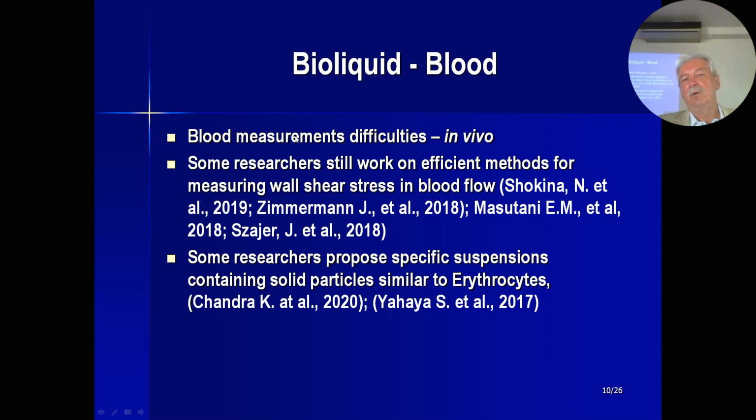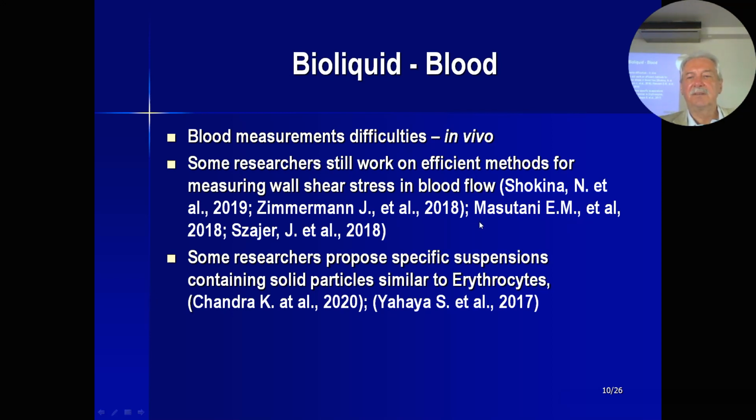We know that we face problems in measuring blood velocity distribution, especially in vivo, because you know that veins are moving, and we are not sure what is the exact position from the wall. So for this reason, these kinds of measurements are not very exact.